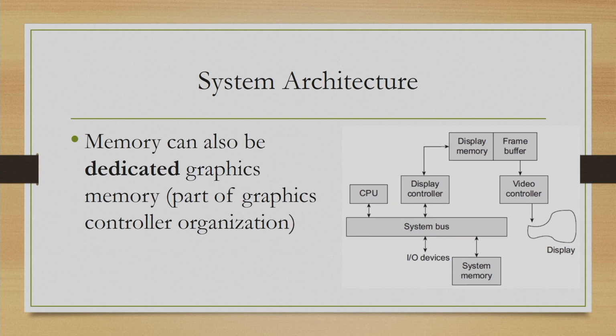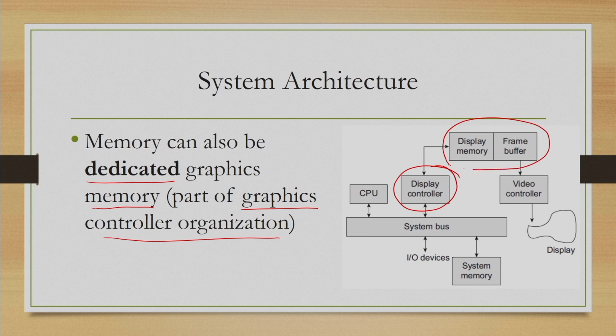Otherwise, we can have dedicated graphics memory which can be part of this graphics controller organization. As shown here, as you can see, we have this display controller which has exclusive access to this dedicated graphics memory or video memory.